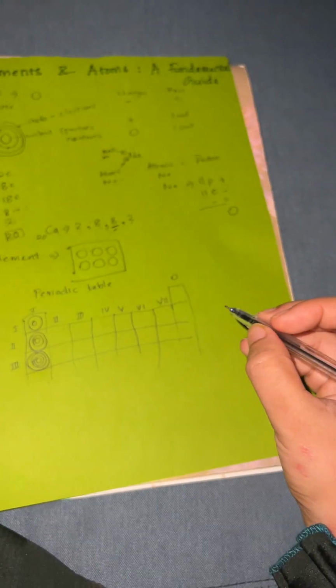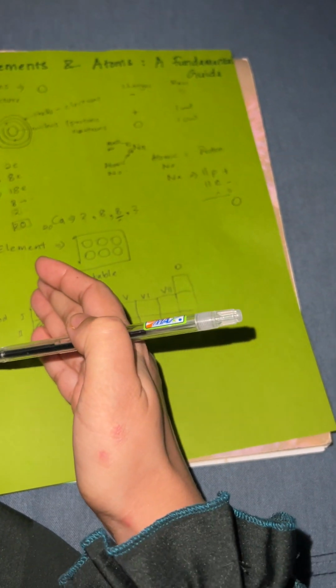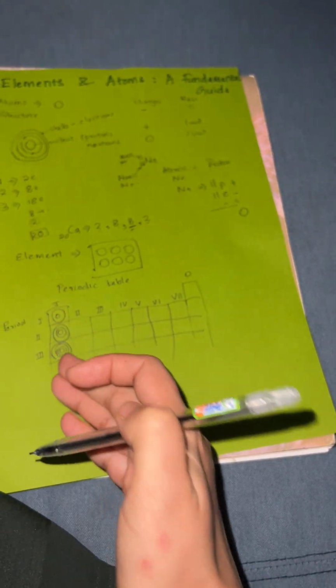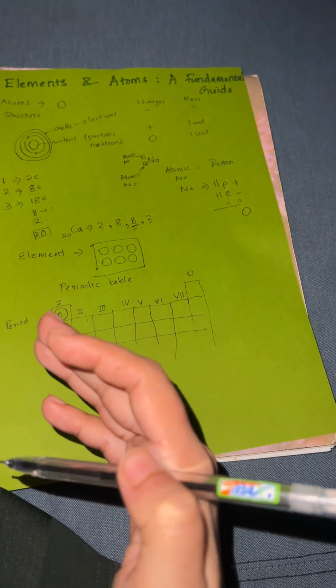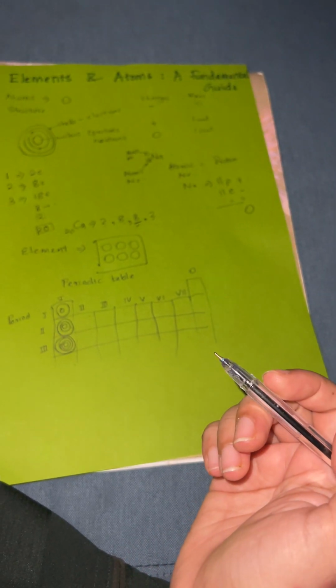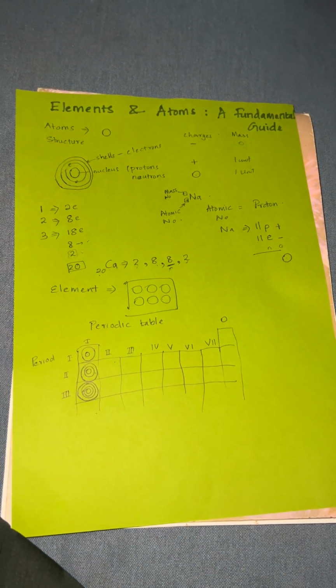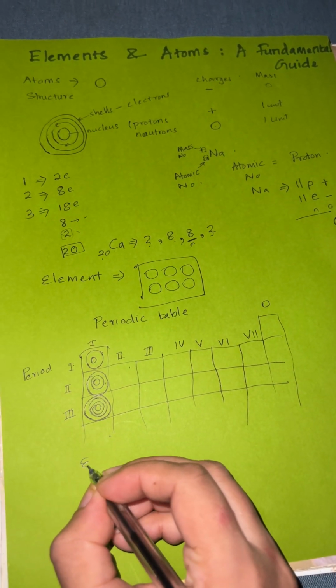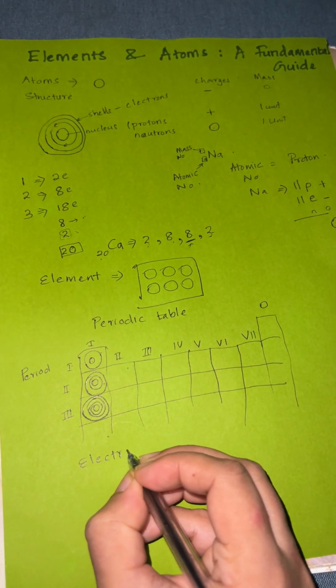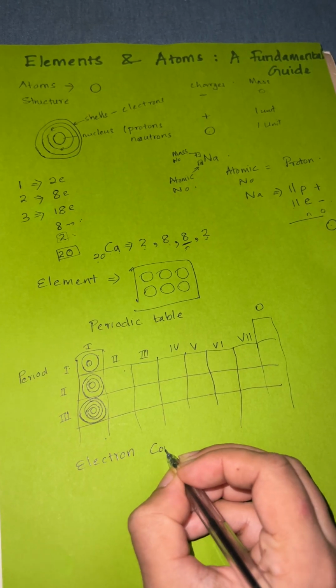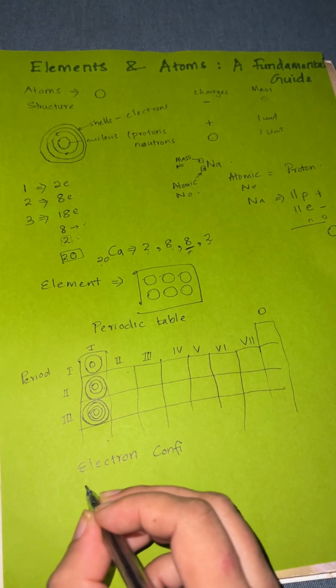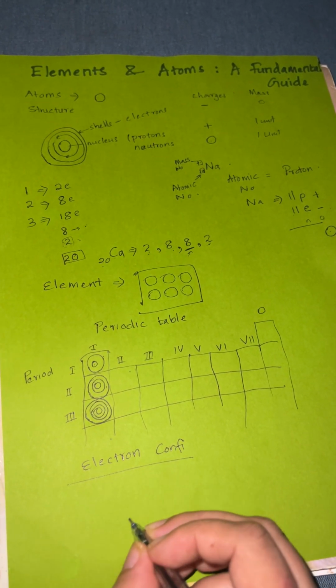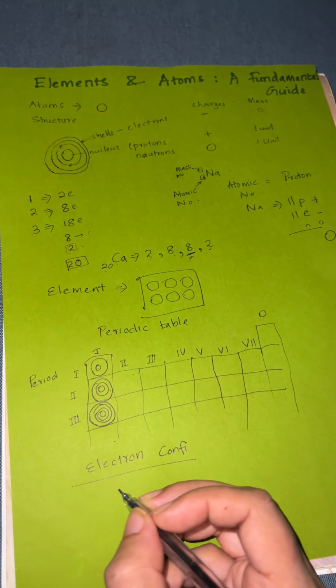Now, a group will have similar properties. The chemical properties also will be similar. Now we are going to consider the electron configuration. Electron configuration gives an idea of how the electrons are arranged in their orbits.